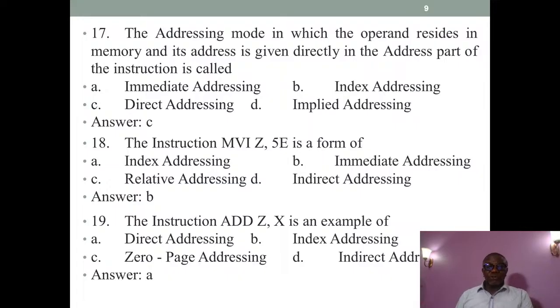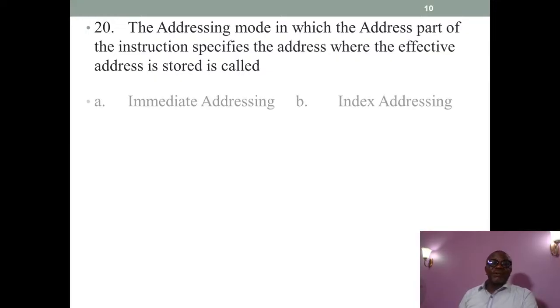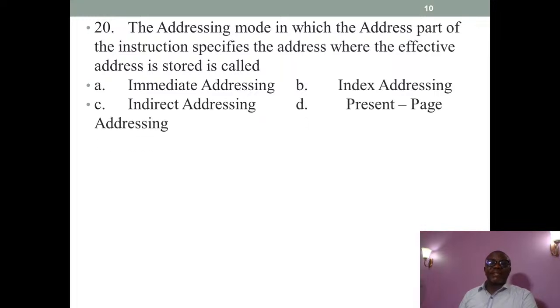It's also good for you to know what indirect addressing and index addressing are. The addressing mode in which the address part of the instruction specifies the address where the effective address is stored is called: immediate addressing, index addressing, indirect addressing, or present page addressing. We say that it is indirect addressing.